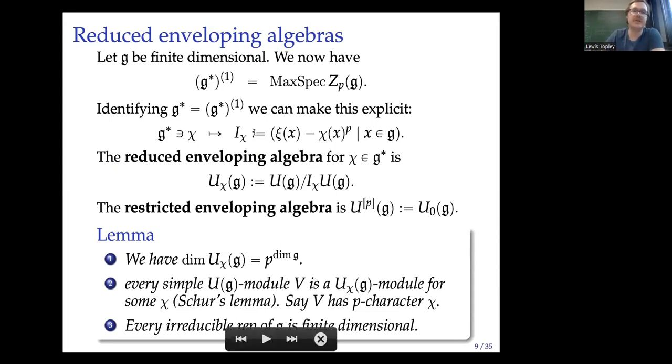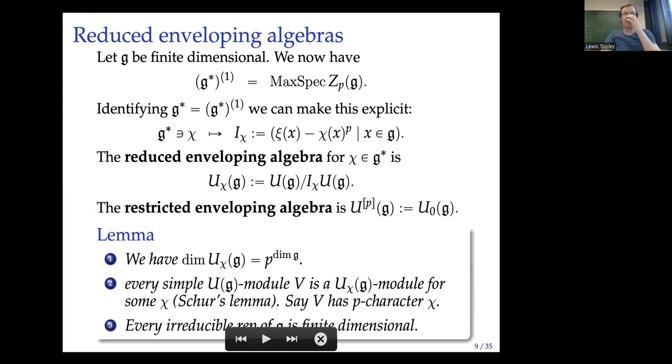If you give me a linear function chi on the Lie algebra, then I can give you a maximal ideal, which is the one generated by psi(x) minus chi(x) to the p, where x is in g. The reason that this gives you a well-defined maximal ideal and not the entire algebra is because psi is p-semilinear and chi to the p is also p-semilinear.